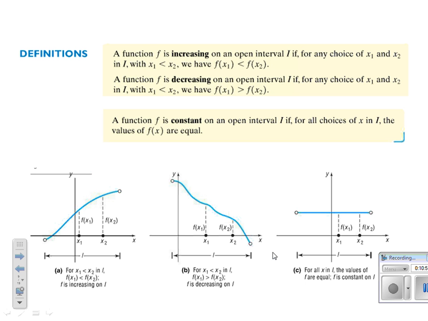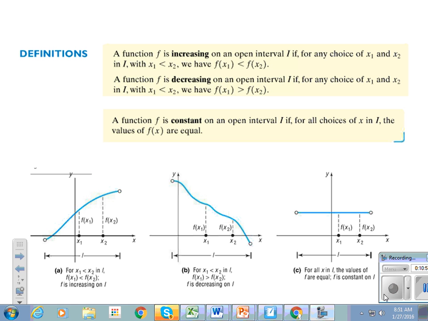That's the real version. Let me pause it. Make sure you include the pictures of increasing, decreasing, and constant values in your notes. A function f is constant on an open interval I if for all choices of x in that interval, the values of f of x are equal.